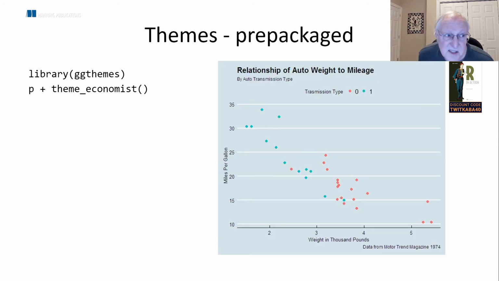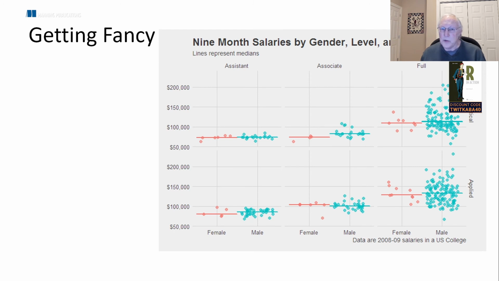Here is the same graph, but with the economist theme. You can get fancy. Here is a jittered scatterplot where I've added median lines and used, I forget whose theme this is.